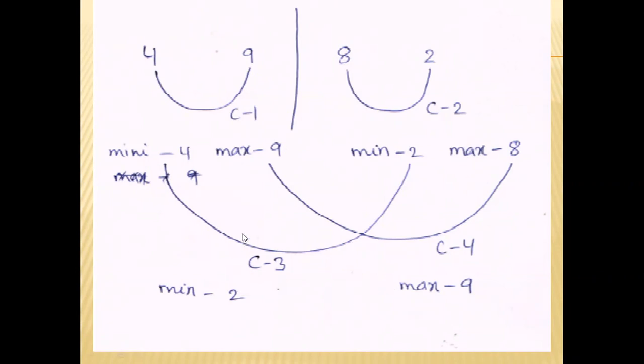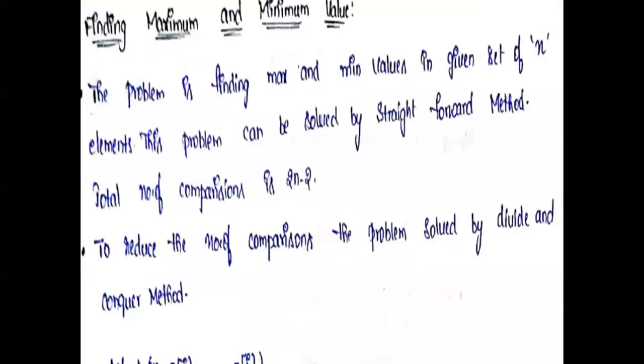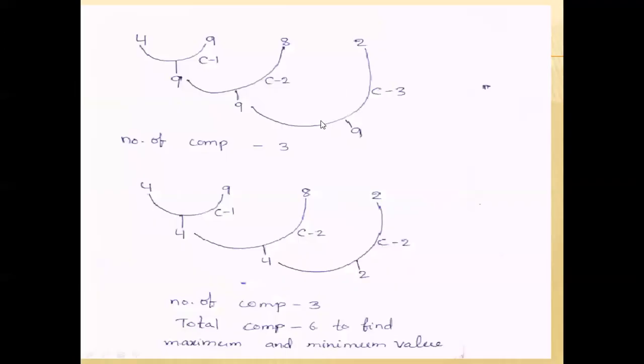Divide and conquer means the problem is divided into two subproblems. Here, to find the maximum and minimum value in 4 elements, first find the maximum and minimum value in the first 2 elements, then in the next two elements, and then compare the minimum values and the maximum values. In the direct straightforward method, the total number of comparisons is 6.